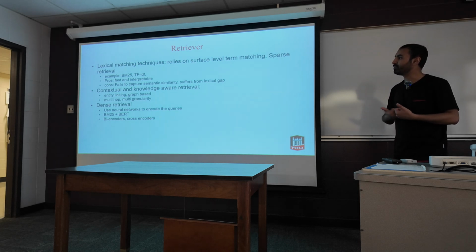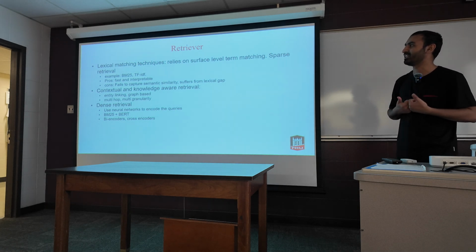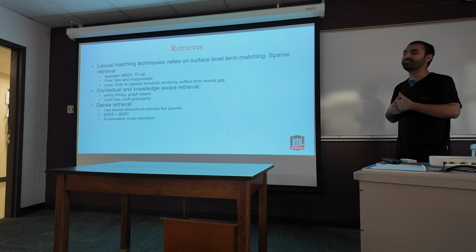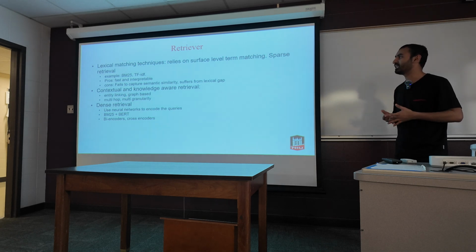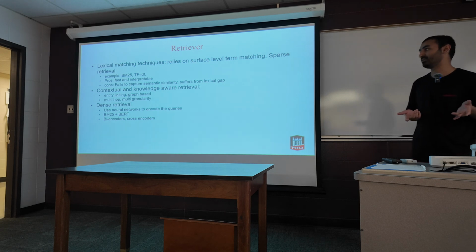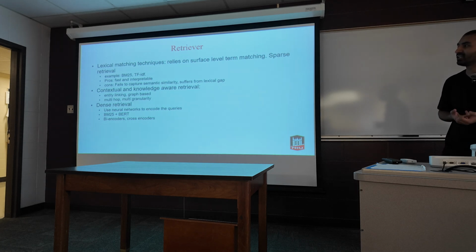Examples are BM25 or TF-IDF, which is a pretty old approach. The good thing is it's very fast because it's just term matching. The con is that it does not capture semantic similarity, and there is the problem of the lexical gap.